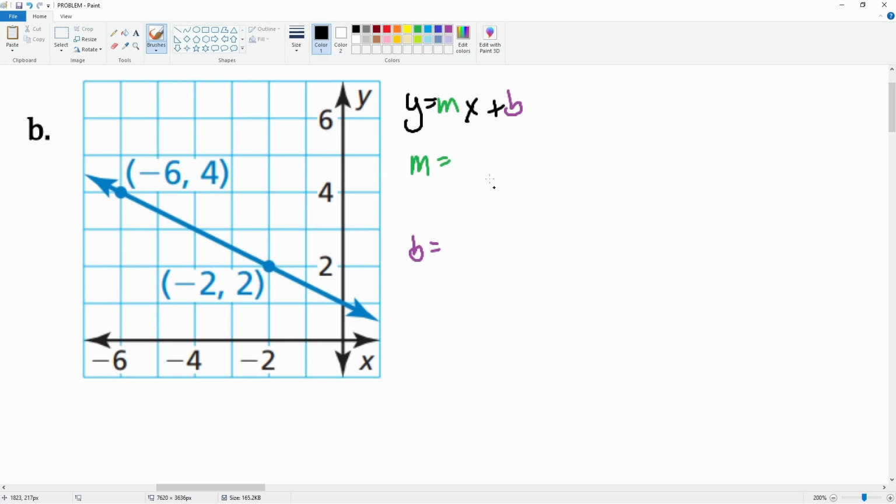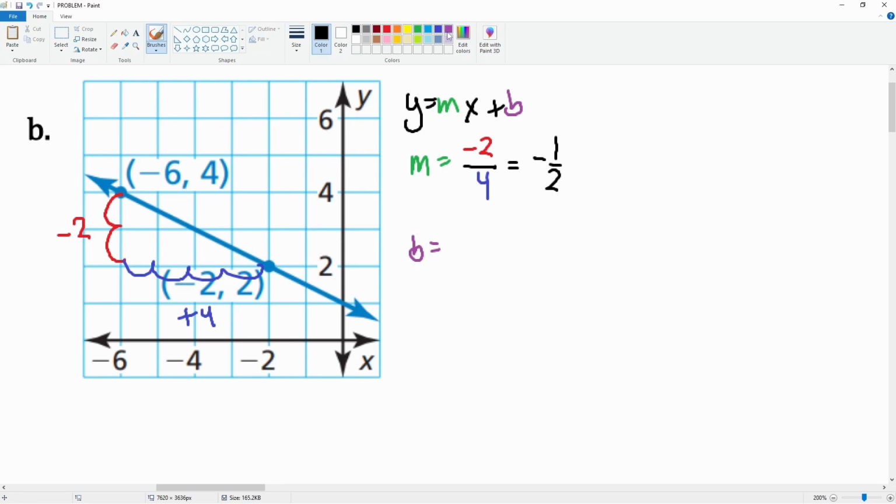The slope can be calculated from the change. We can just see how much it changes in the y. It goes down 1, 2, that's subtract 2. Then it goes 1, 2, 3, 4, which is add 4. Here, it is going to be the change of y, which is -2, over the change of x, which is 4. This can be simplified into just -1/2.